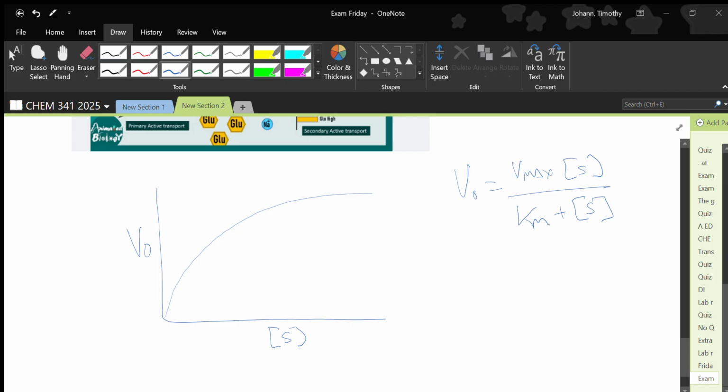I know that because I've seen it a lot of times, but I also know it from my equation. Equations are your friends here, okay? I know that as I increase my substrate concentration, it dominates the Km, right? When substrate concentration is really small, the denominator stays the same, right? If it's small relative to Km, this is unchanging. If this doubles, then that's going to double, if the amount of this I add to that is very small.